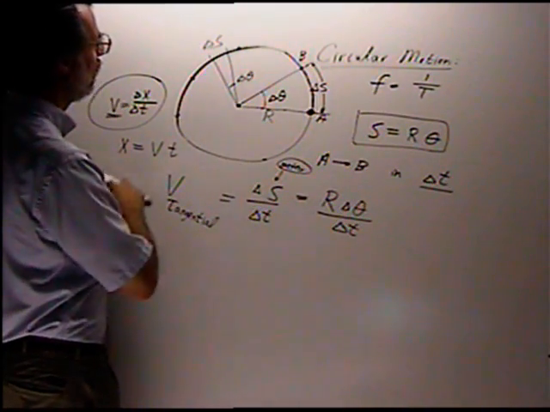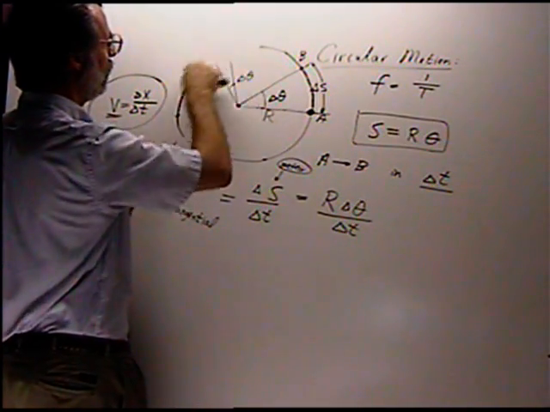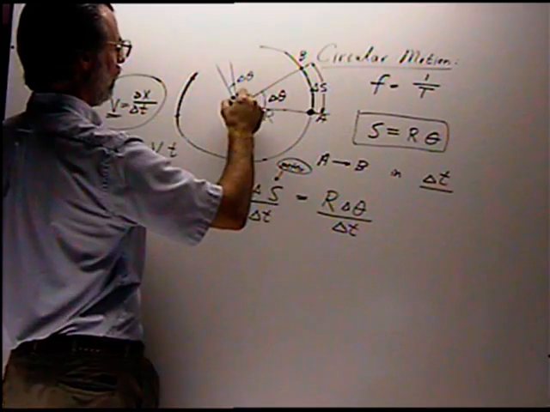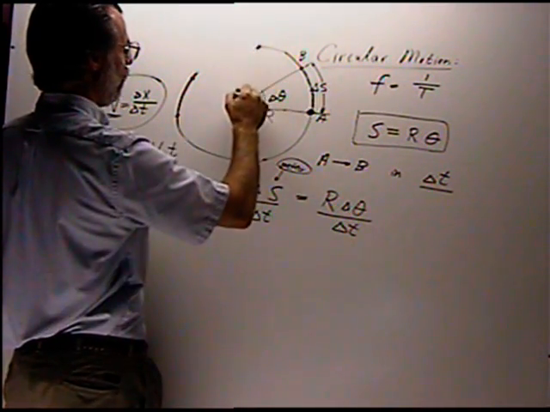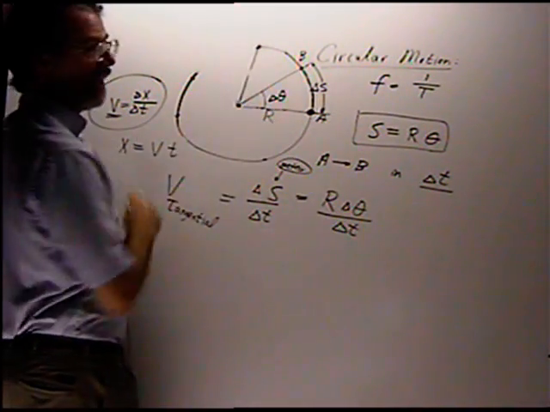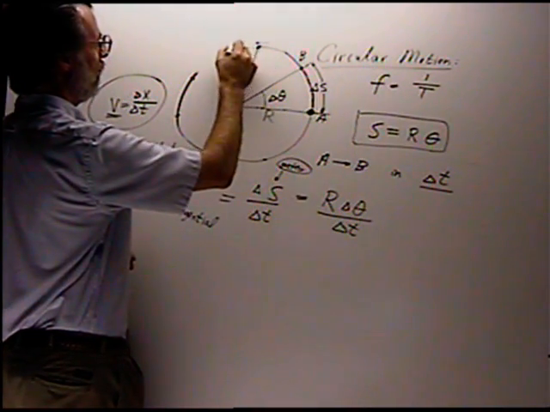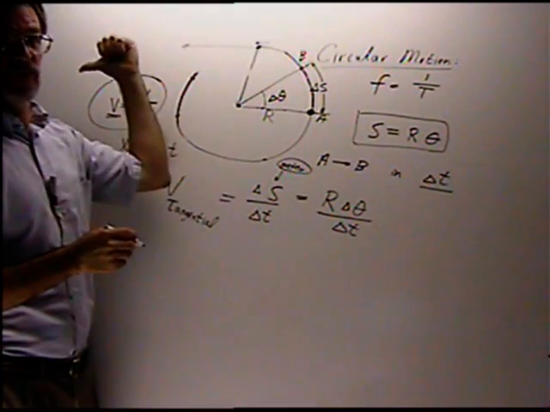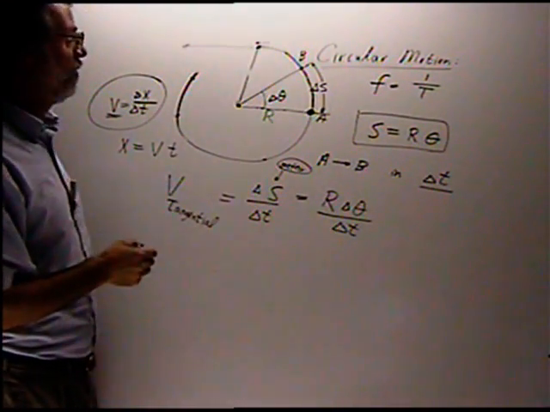Suppose the rock is flying around, here's the rock, but suddenly at this point you cut the string. What's going to happen to the rock? At this point it's flying this way, so it's going to keep on flying. The rock will keep on going in a tangential direction. That's one of the reasons we call this the tangential velocity.